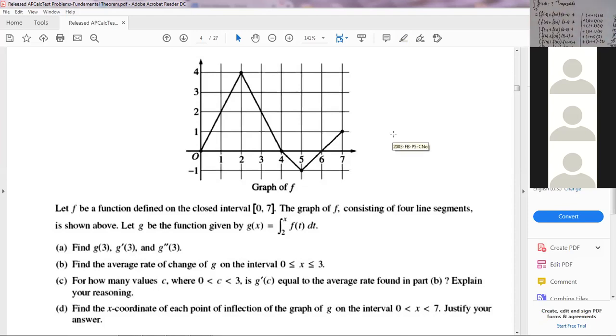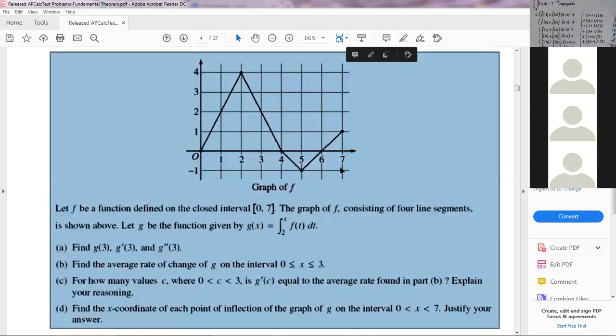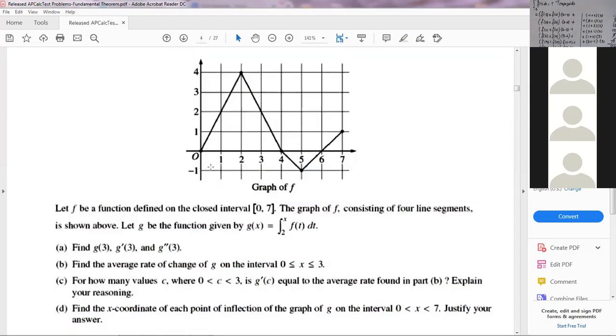Okay, bueno. Let f be a function defined on the closed interval [0, 7]. So you see here from 0 to 7, right? From here to here. And of course, you have line segments, correct?